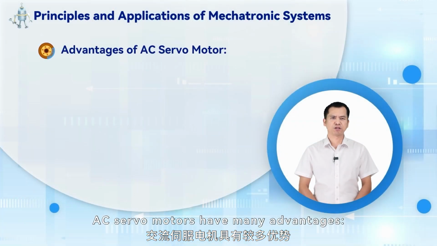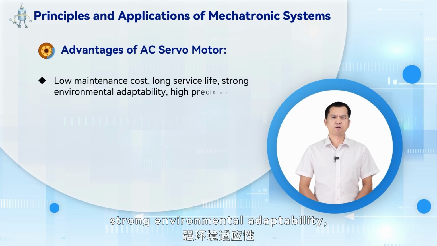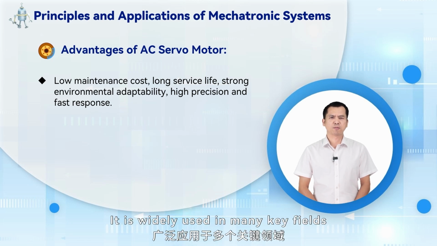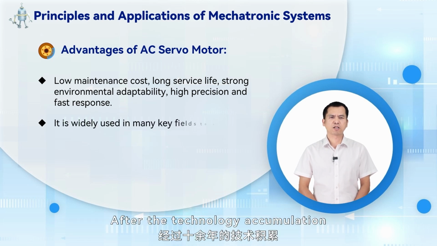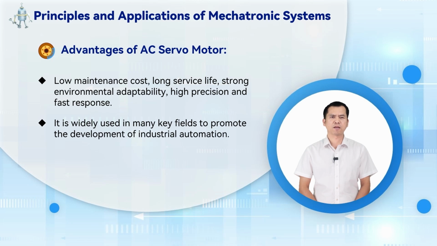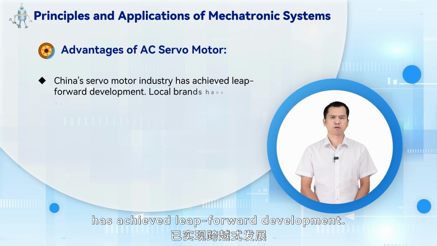AC servo motors have many advantages, such as low maintenance cost, long service life, strong environmental adaptability, high precision, and fast response. It is widely used in many key fields to promote the development of industrial automation. After the technology accumulation and market precipitation over 10 years, China's servo motor industry has achieved a leap forward development.